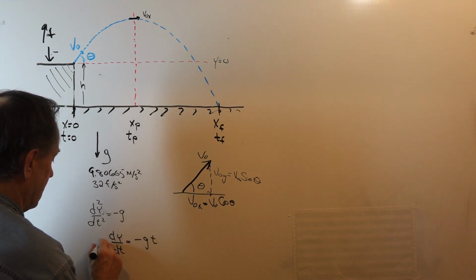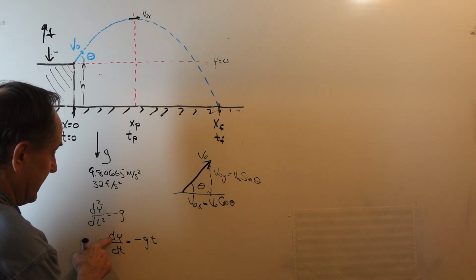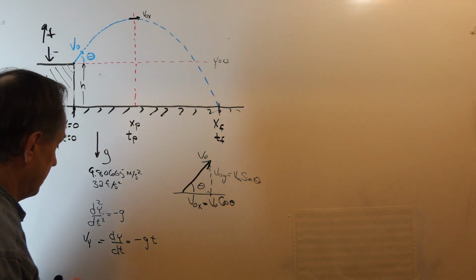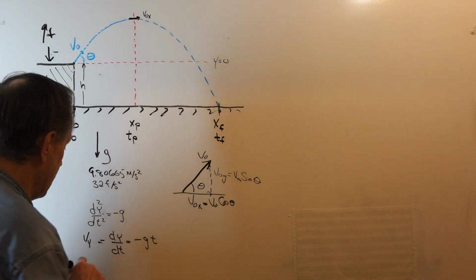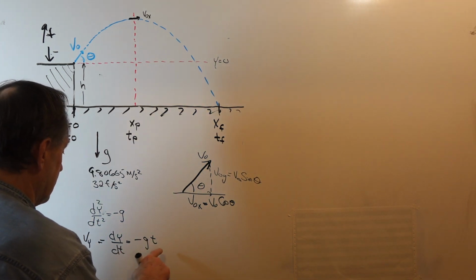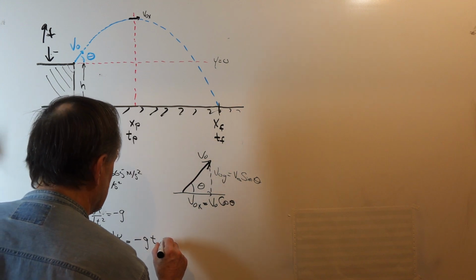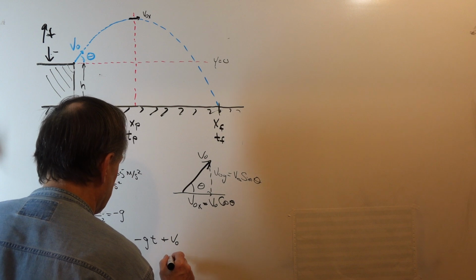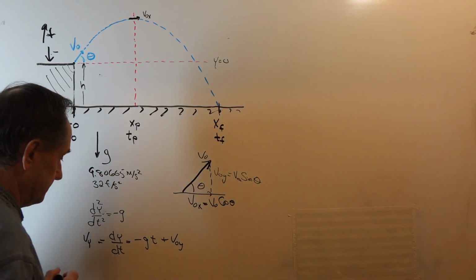This, the rate of change of position with time, is velocity. So this is v in the y direction. It's minus gt, plus some constant, which we'll call the initial velocity in the y direction.